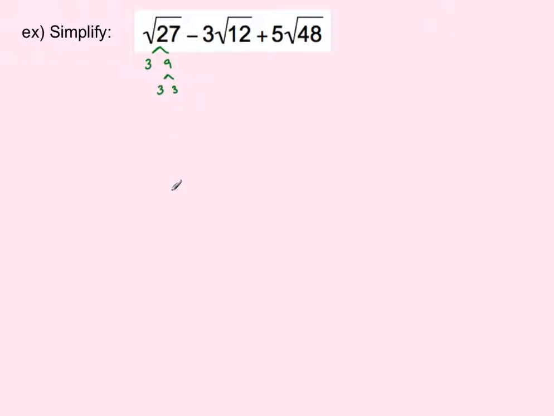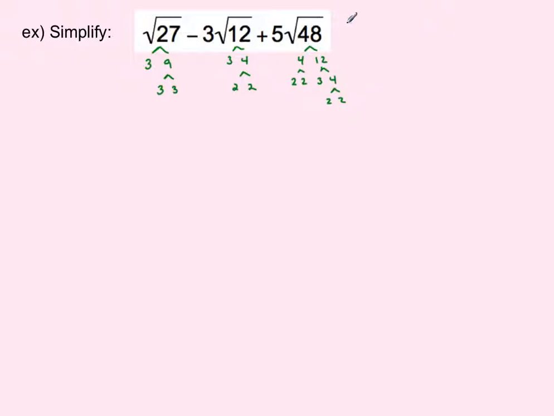When I factor tree this, I get 3, 3, 3. I'm just going to go through and do all my factor trees first. 2, 2. And I see 4 and 12 when I first look at it, so I'm just going to go with that. Again, maybe your factor trees initially start differently, but at the end they should all be the same. All right, so I'm ready to simplify.